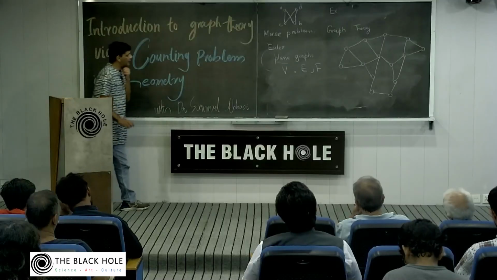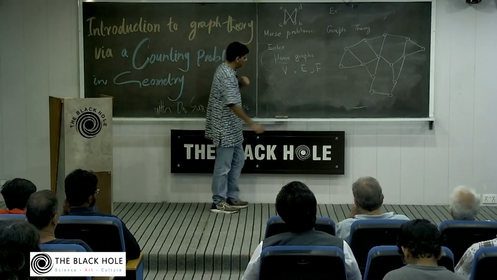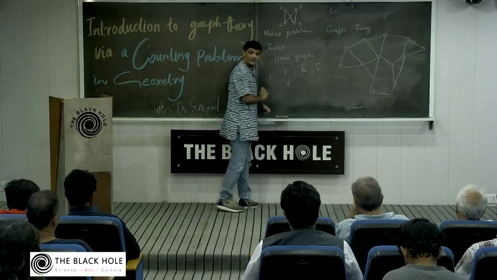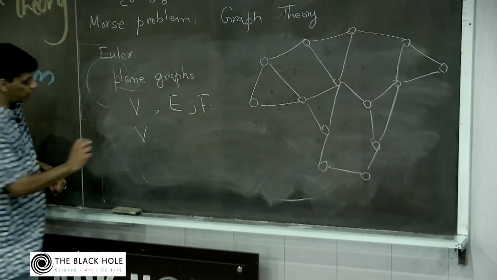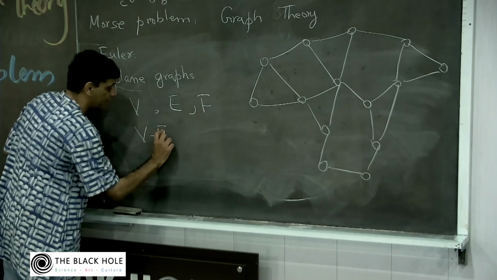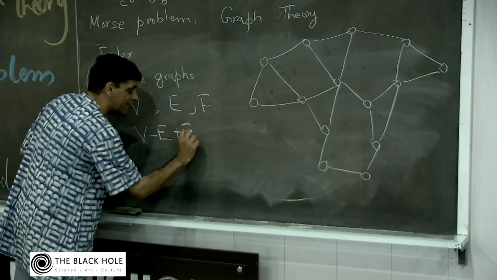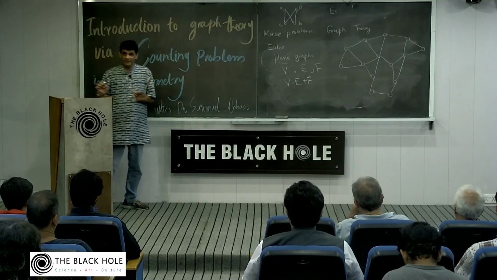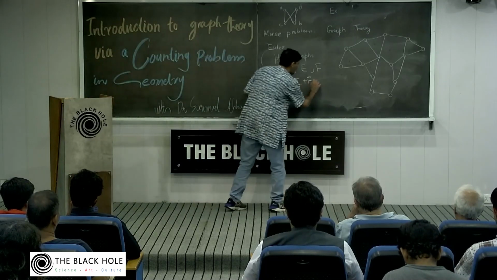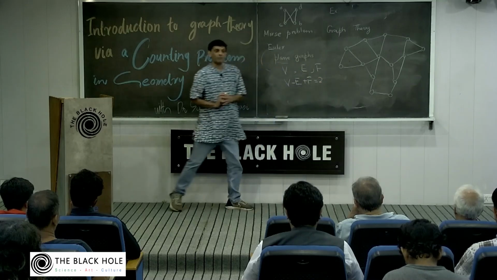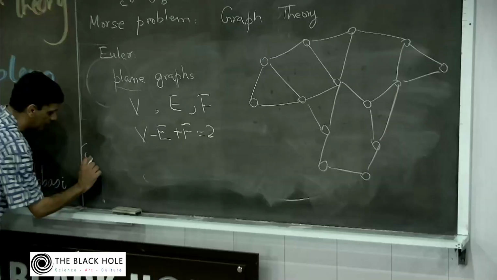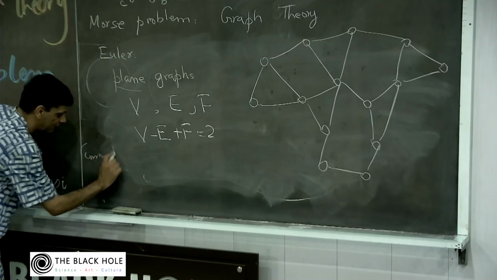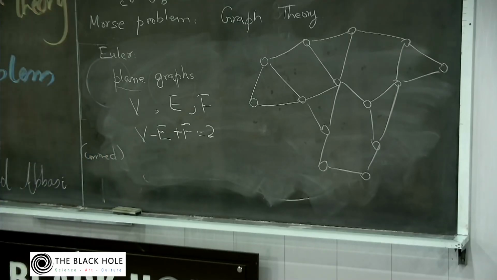And so Euler, one day he discovered that if you take the number of vertices and you subtract the number of edges and you add the number of faces, you always get the same number. And that's 2. And by the way, this is for connected graphs, just to be very precise.